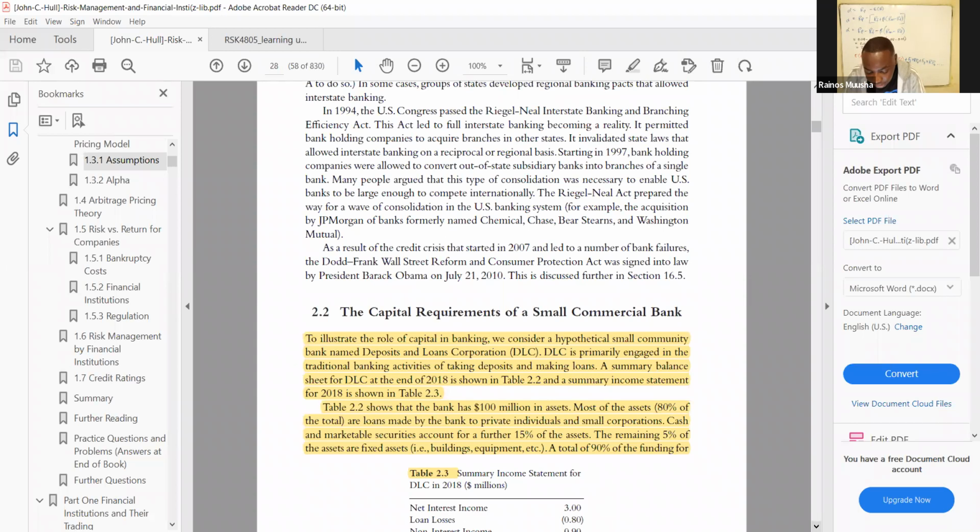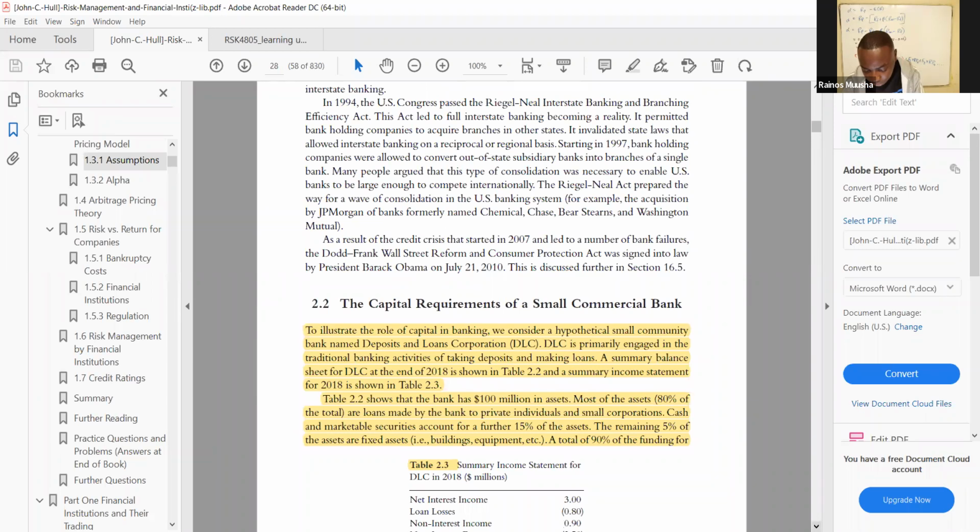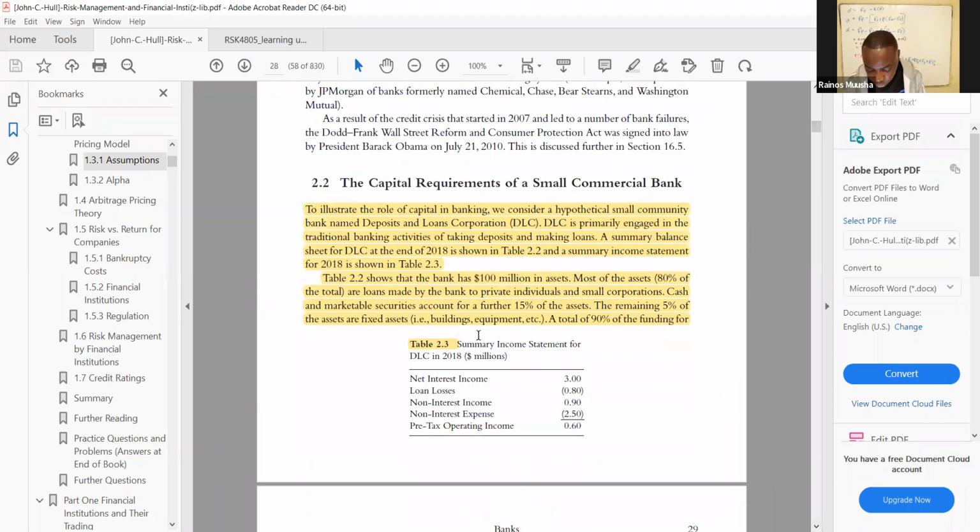So a summary balance sheet of DLC at the end of 2018 is shown on table 2.2, and a summary income statement for 2018 is given on table 2.3, which is the table below there. If you look at table 2.3, what do we see? The interest income is 3, loan losses is 0.8, non-interest income is 0.9, non-interest expense is 2.5.